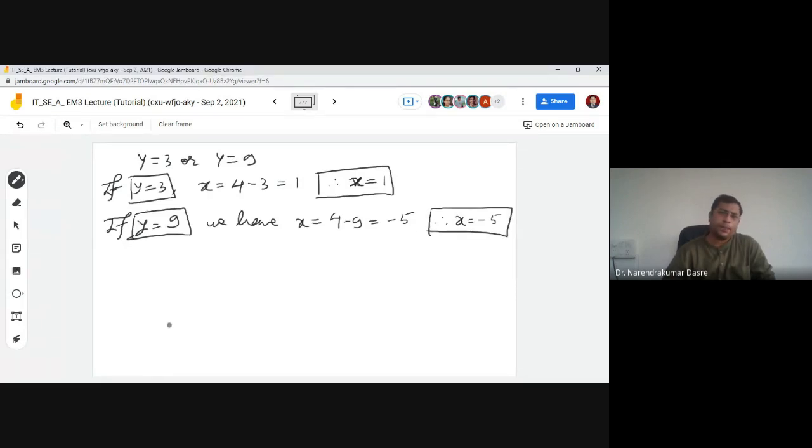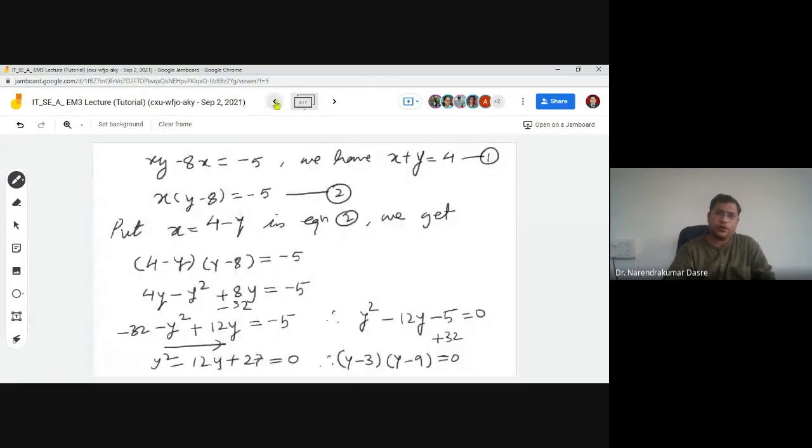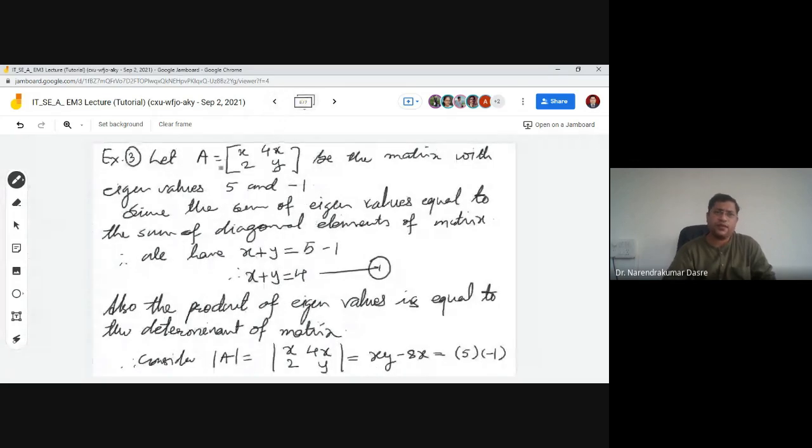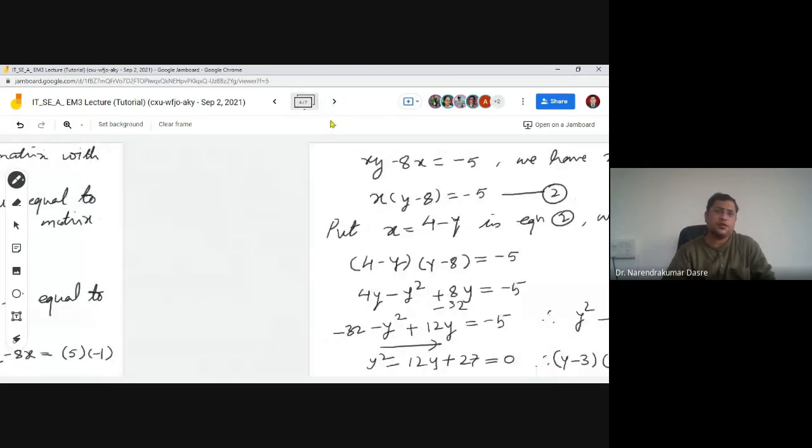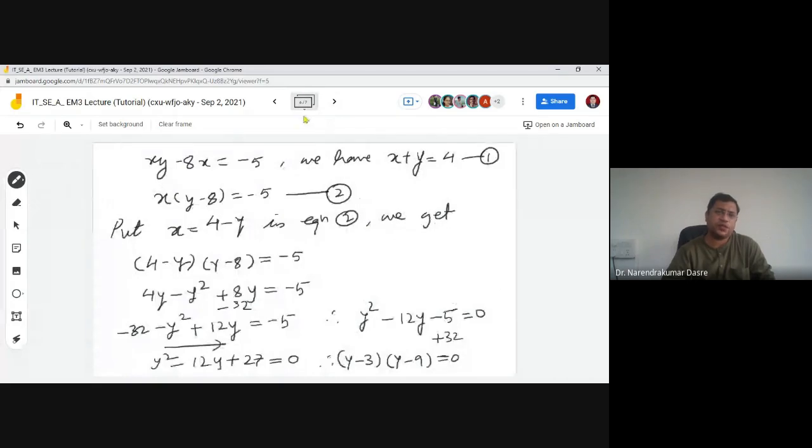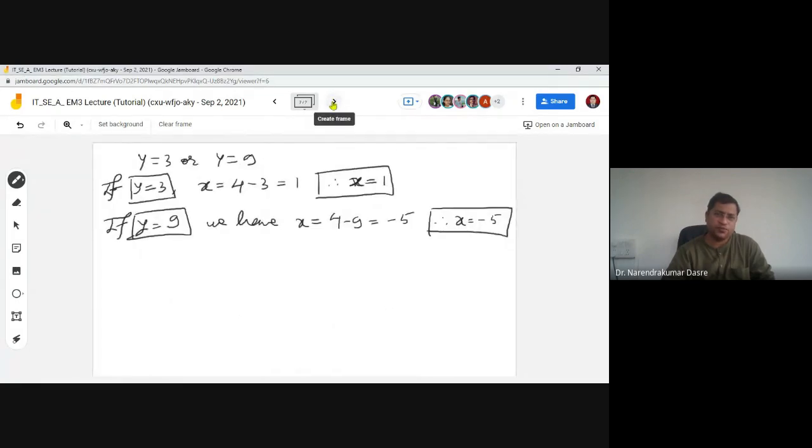Now see, here we got the values of x and y. This x and y has to satisfy equation 1, and this x and y has to satisfy equation 2. So let us check which pair satisfies both the equations.